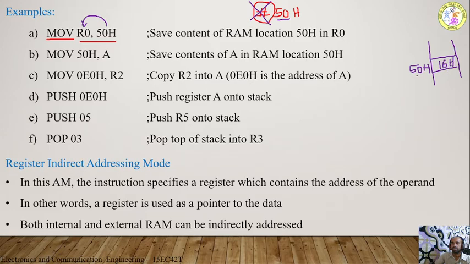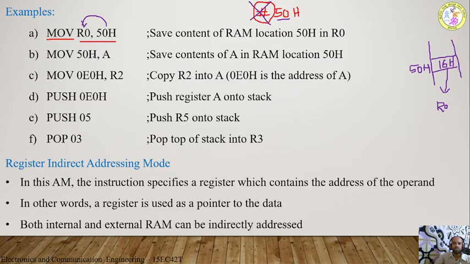This data is present in this memory location. This is the address, and in this address, what is the data that is present? 16H. So after the execution of this instruction, this 16H will go to R0 register, because we have used R0 register here. Content of this memory location 50H, that is nothing but 16, will go to R0.